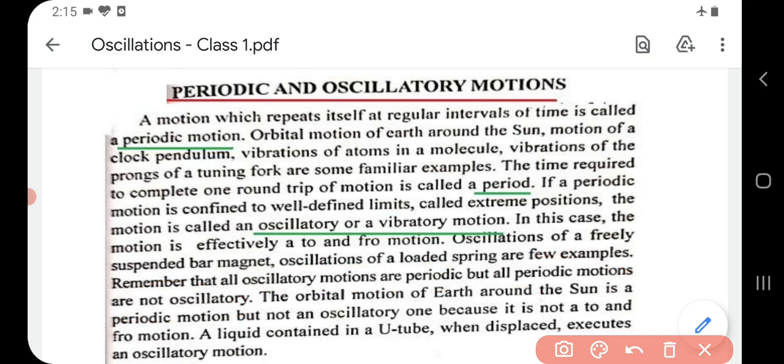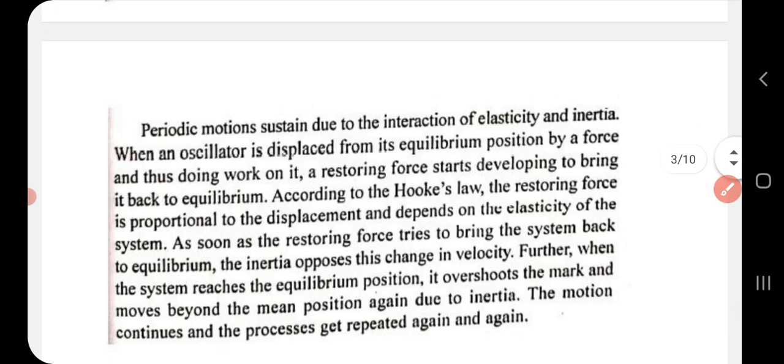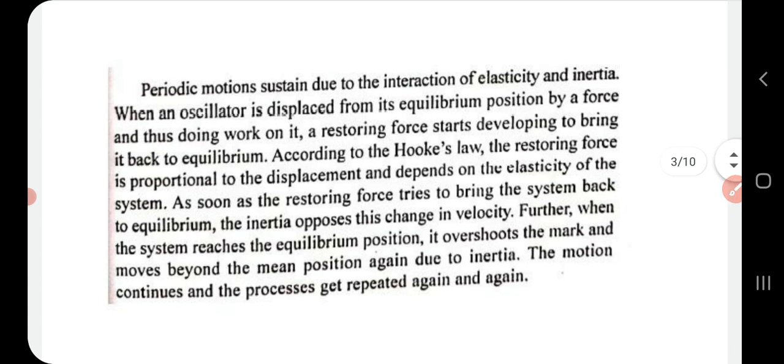Okay, now this periodic motion arises mainly due to some properties like elasticity, inertia, etc. That is, suppose that you have an oscillator at an equilibrium position. Equilibrium position means stable position. Okay, suppose that you have an oscillator at equilibrium position, and now you are applying a force and displacing it from that equilibrium position to another position.